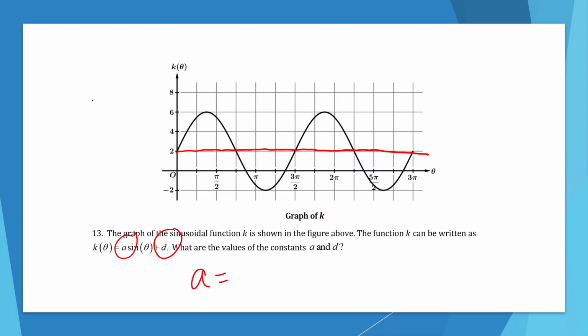So here, our A is our amplitude, and our D is going to be our midline. Our midline, as we see, is at 2. So I'm going to just fill that in right now. And then our A value is going to be the distance from 6 to 2, which is 4. So our A value should be 4 here, and that should be how we would get number 13.